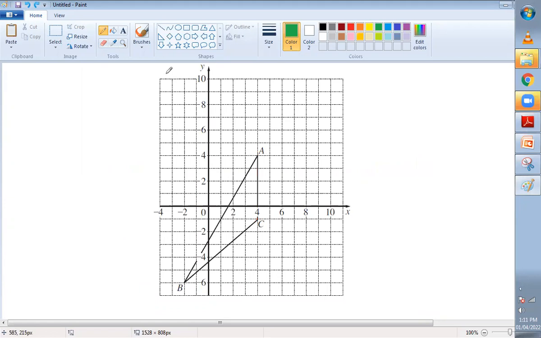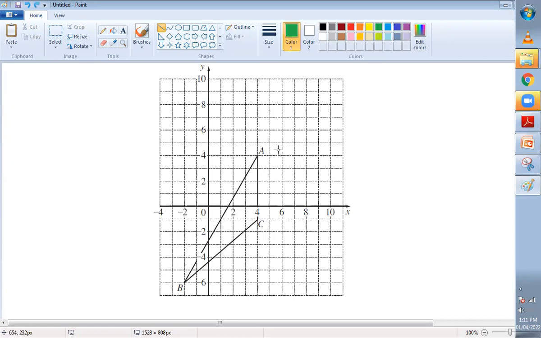Now he said A, B, C, and P. So how will I know the coordinates of the point P? You see A, B, C, P. So here there will be a line. P will be here somewhere, and AP will be parallel to BC.